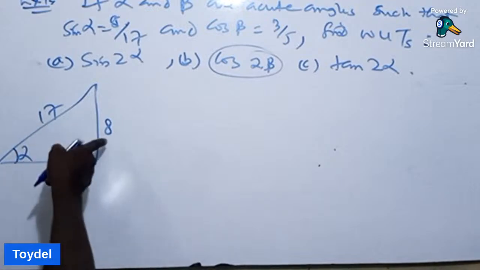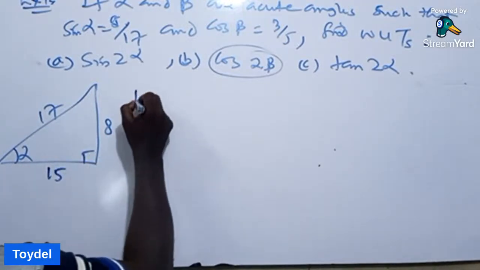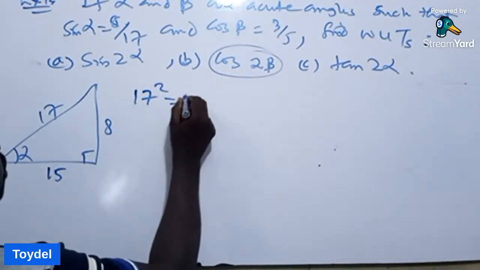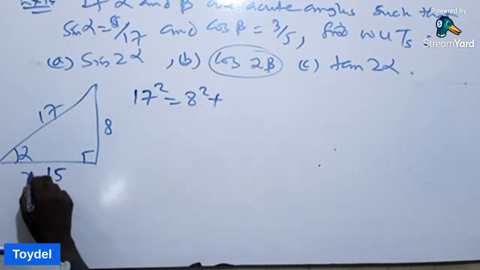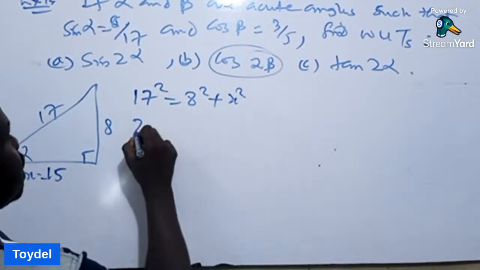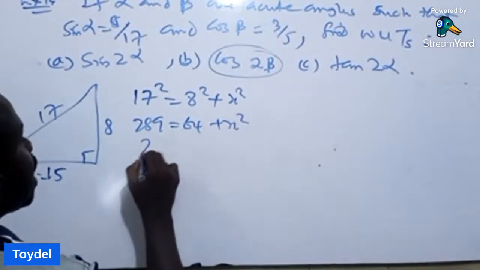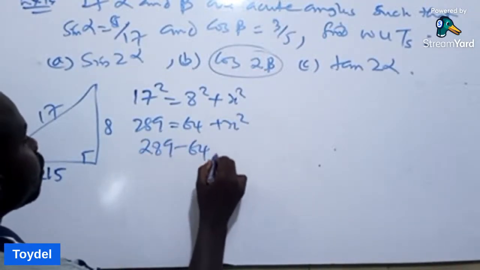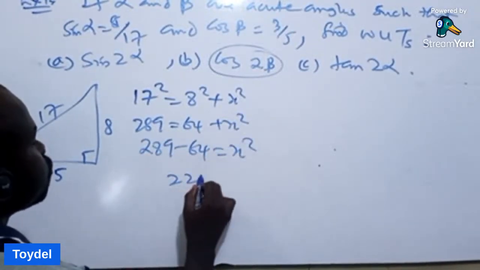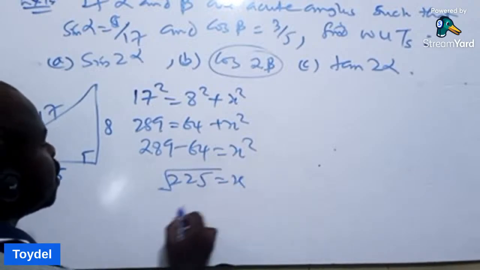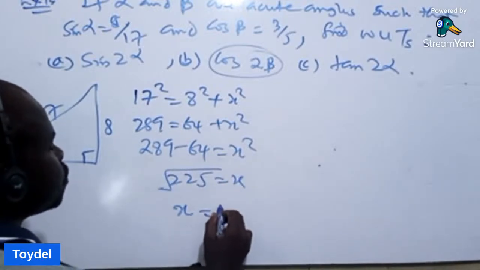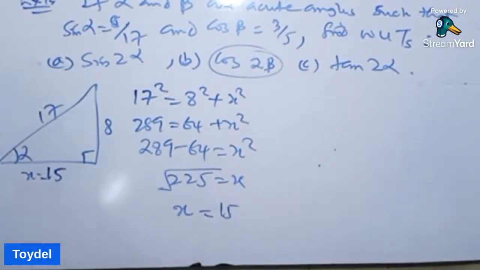Using Pythagoras theorem, 17 squared is equal to 8 squared plus this unknown, let's say x squared. 289 is equal to 64 plus x squared. Then 289 minus 64 is equal to x squared, so 225 square root is equal to x. So x is equal to 15.